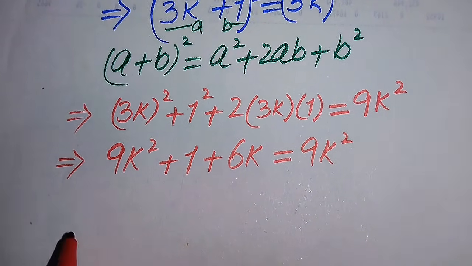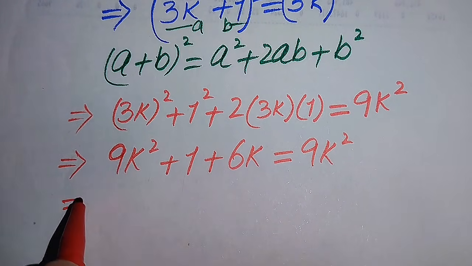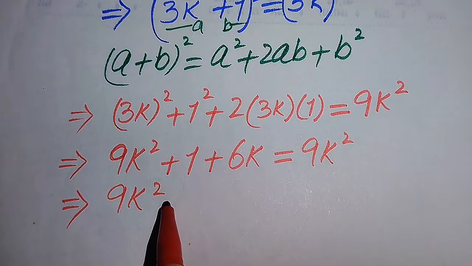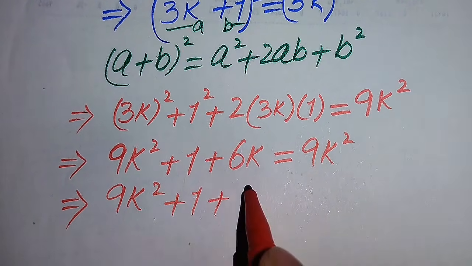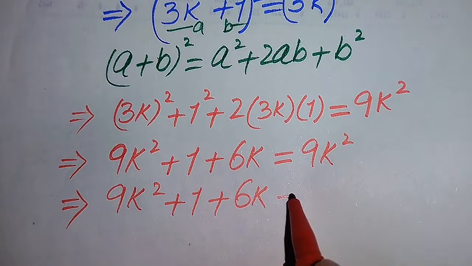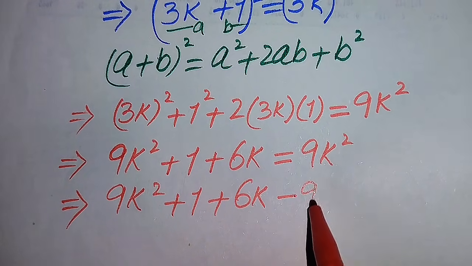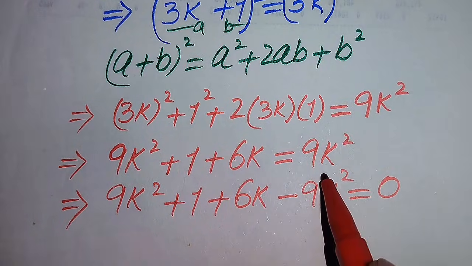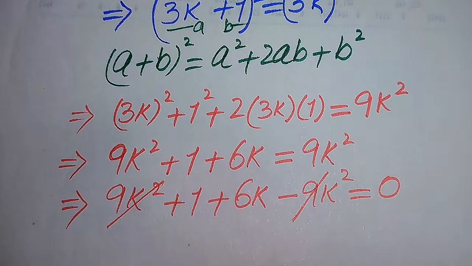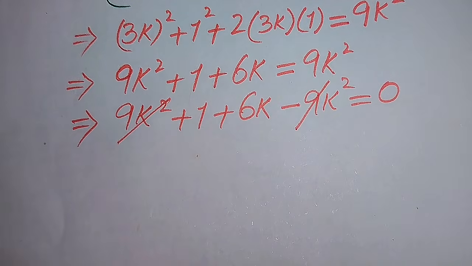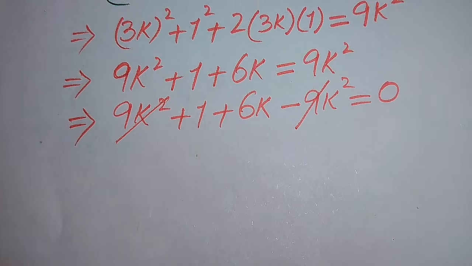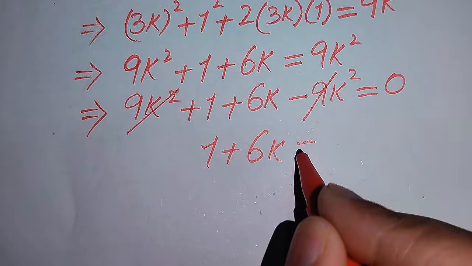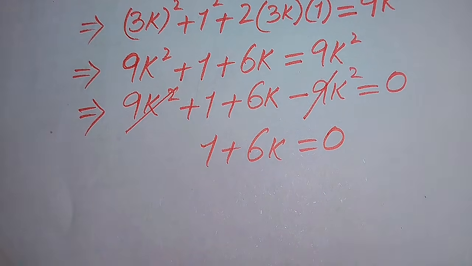Here our target is to find the value of k. For this we move this 9k square from the right hand side to the left hand side, and it becomes 9k square plus 1 plus 6k minus 9k square, and this whole equation is equal to 0. This is the negative term, this is the positive term, and they cancel out by each other, and we get the remaining values: 1 plus 6k is equal to 0.